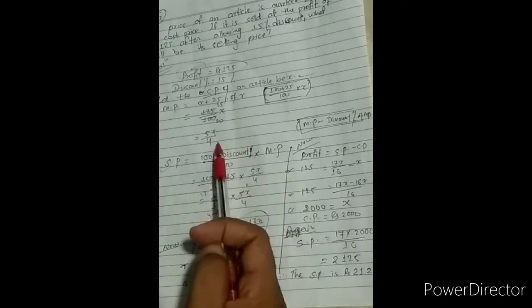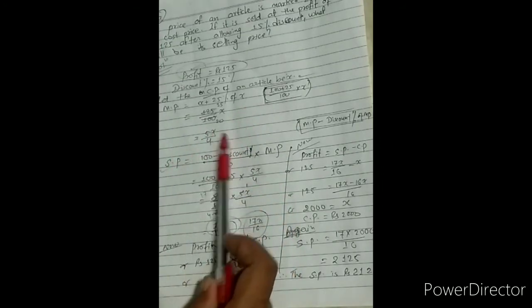You could just add this 125 also. Therefore, the selling price is rupees 2125.